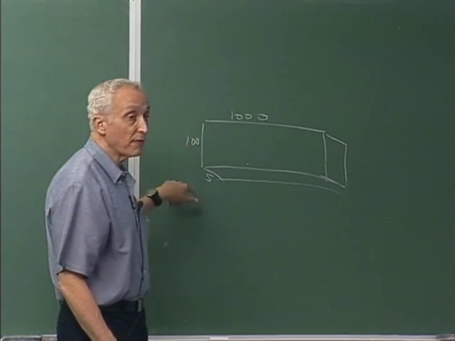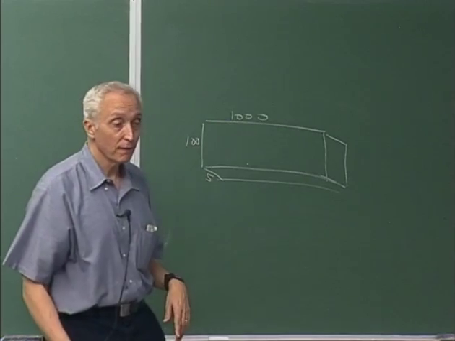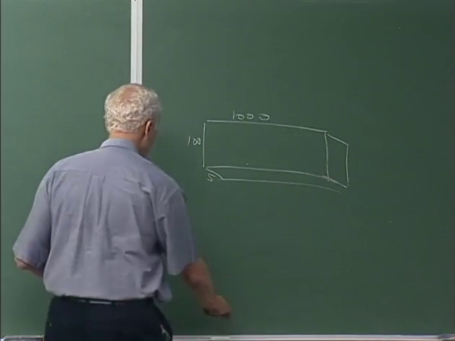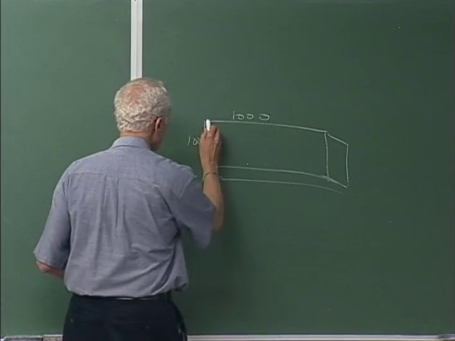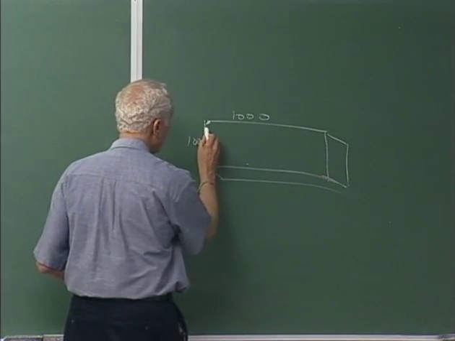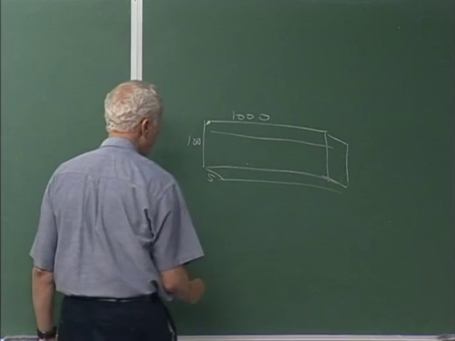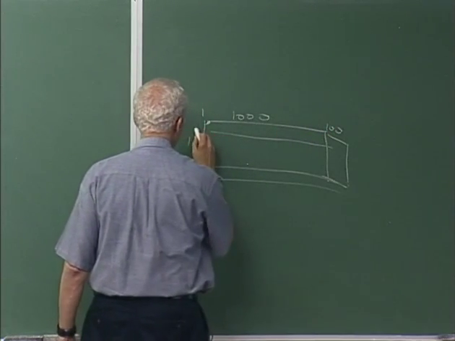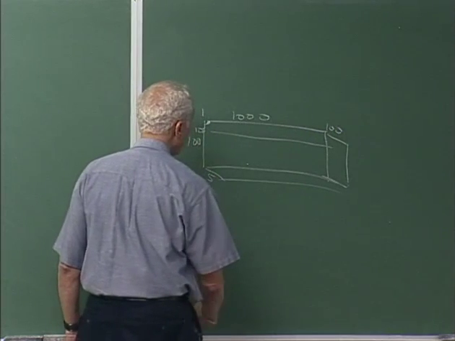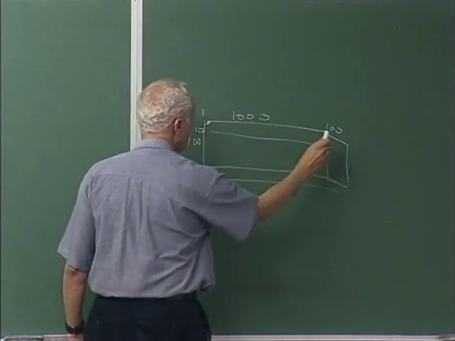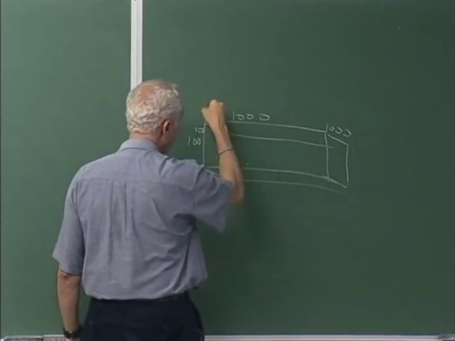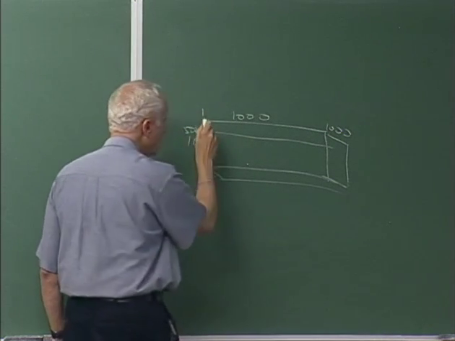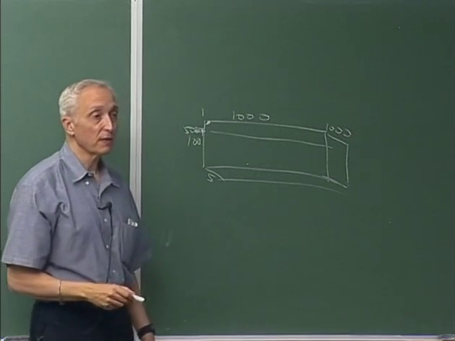You have 500,000 equations, and if you have a temperature here, it's connected to 1 to 1,000, 1,001. Well, it will actually go 5,000 deep, so this would be 5,001. So the bandwidth would be 5,000.